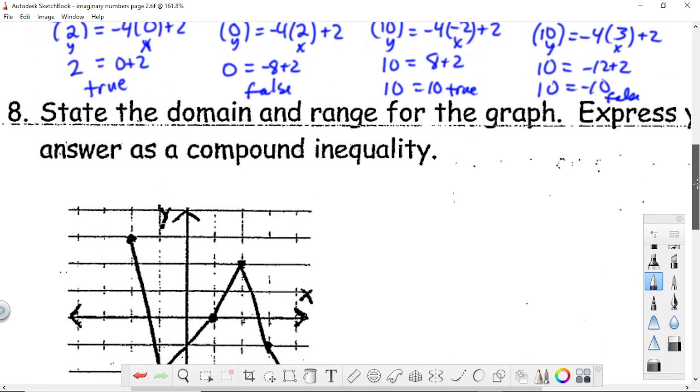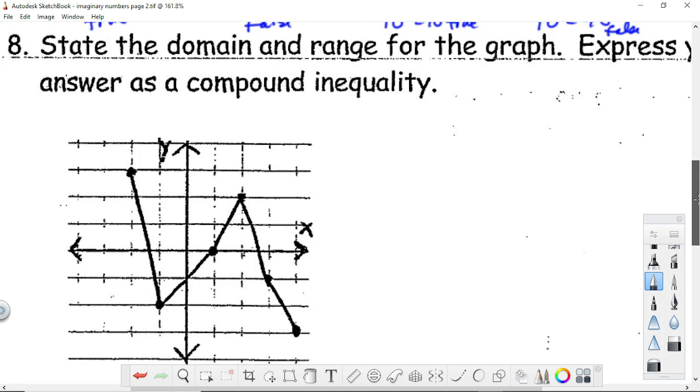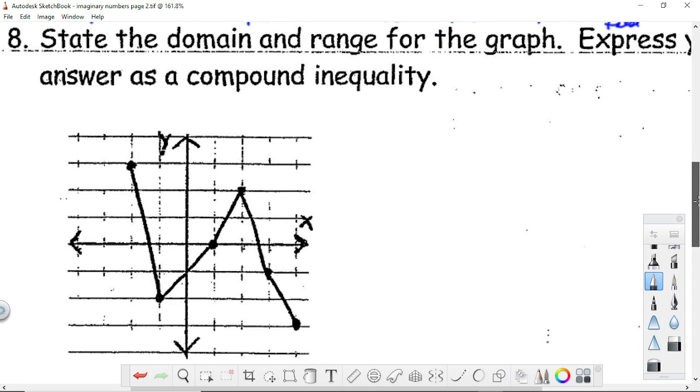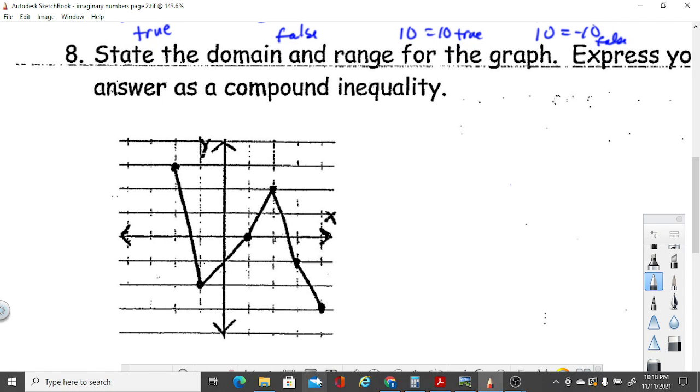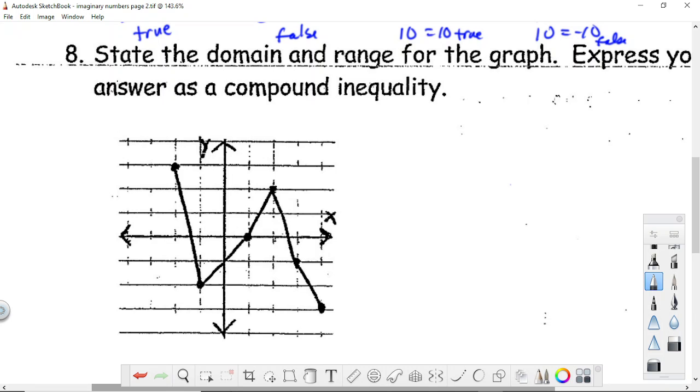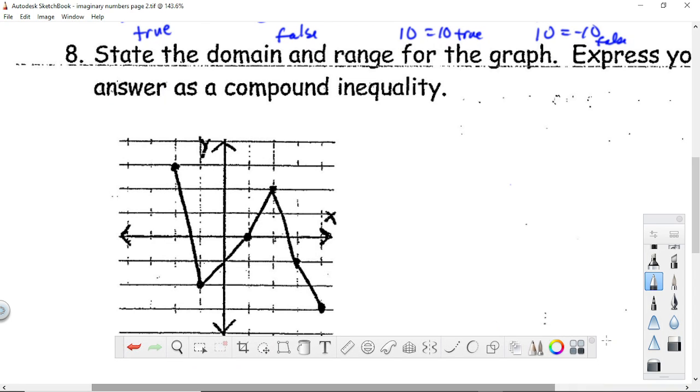Okay, well, let's look at this one. State the domain and range for the graph. Let's zoom out a little bit here.